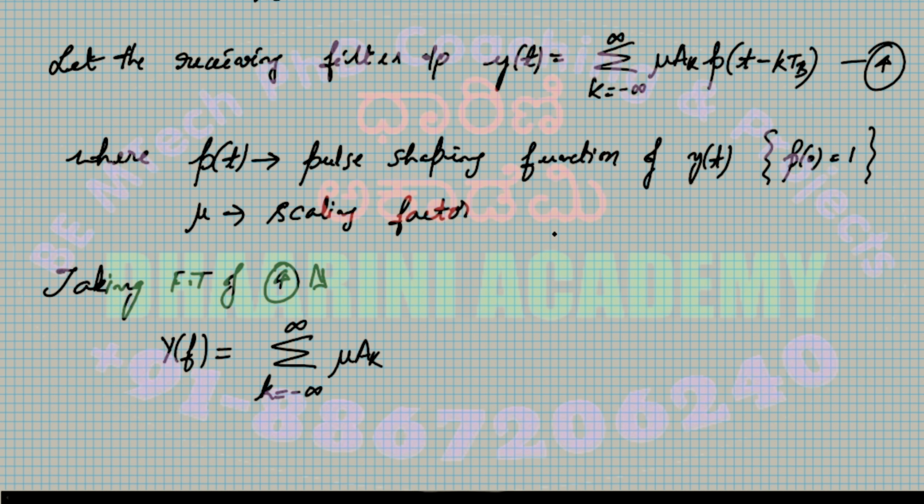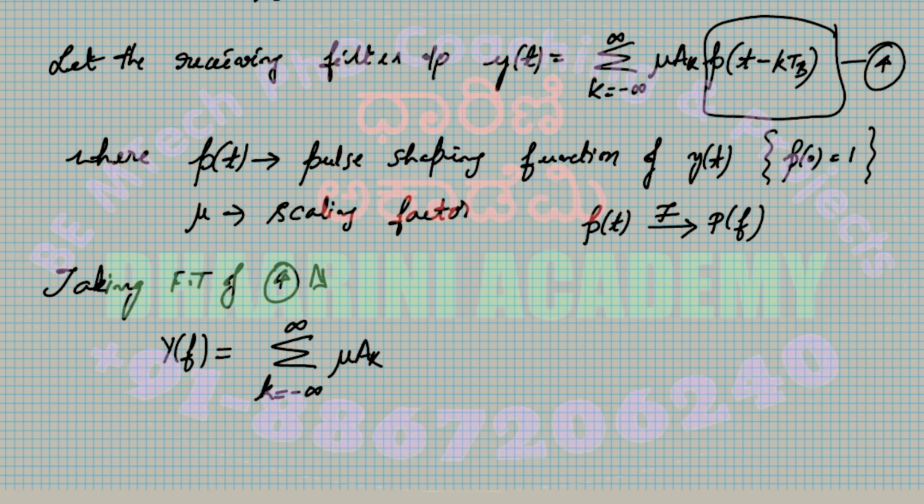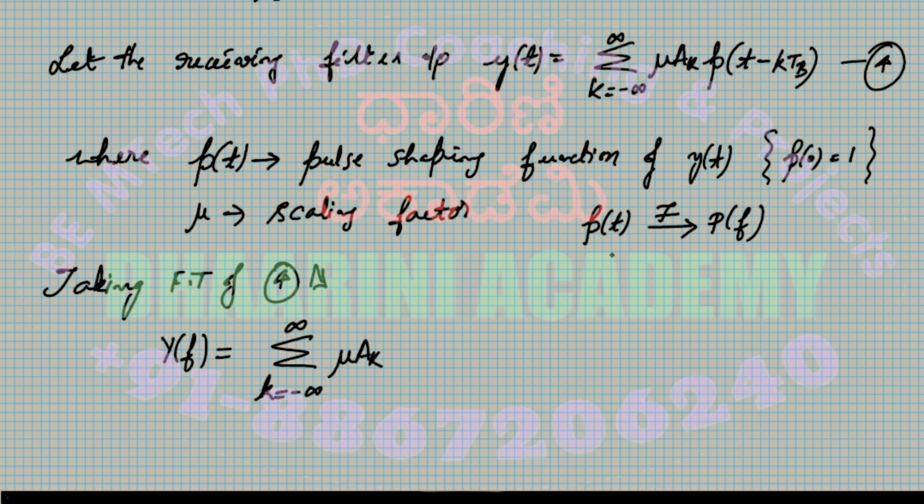But right, let's assume another point here. I'll write it here. So you have P of t whose Fourier representation is P of f, right? Using the same analogy we used earlier, which implements the time shift property, I can see that P of t minus k tb, right? So whenever I have P of t minus k tb, what should happen?